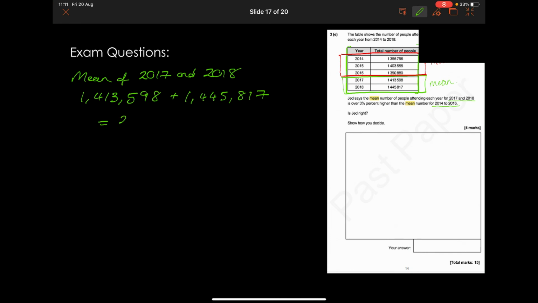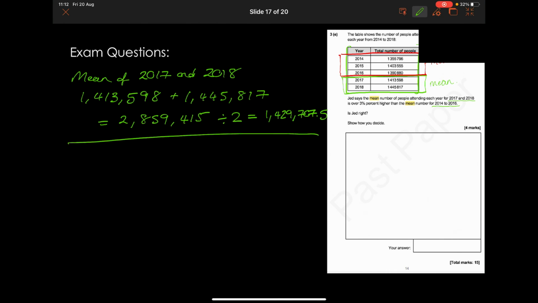And if you do that, you get 2,859,415. And to find the mean, we just divide by 2 because it's 2 years. If we divide by 2, it gives us 1,429,707.5. So that's the average for those 2 years. Okay?